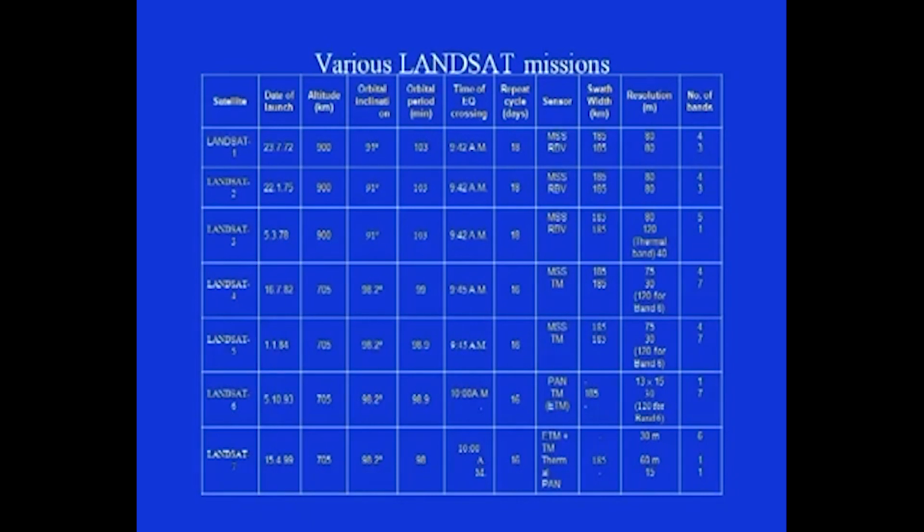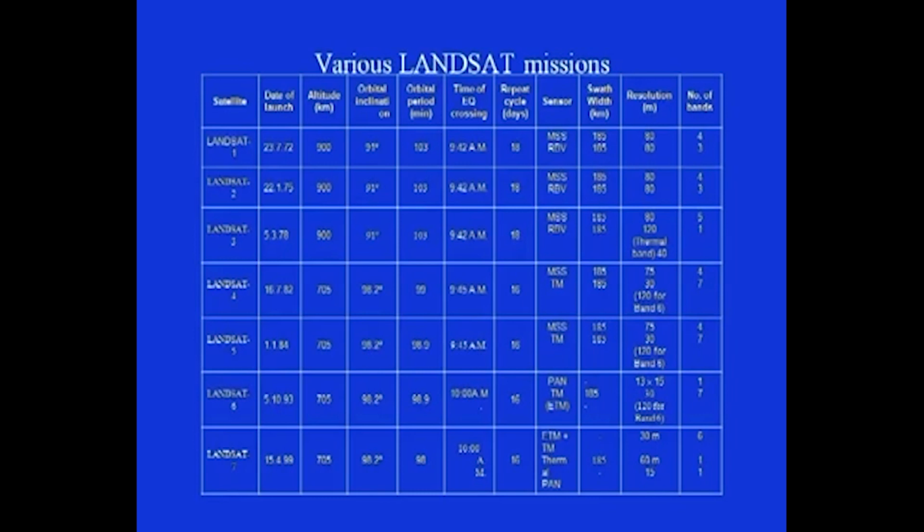Landsat 5 was launched in 1984 with similar characteristics. The same got enhanced for Landsat 6, which was launched in 1993, wherein the MSS was discarded and a panchromatic band was introduced along with a new sensor called ETM.